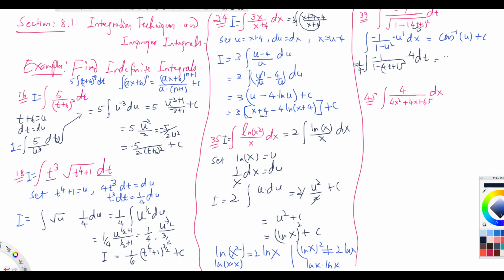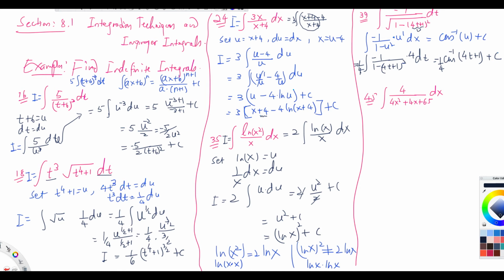So this will be cosine inverse of u, which is 4t plus 1, times 1/4, and then plus c. You can do it this way, or you can pull that -1 out and then do sine inverse. That is perfectly fine, if you want to do it in the format of sine inverse.